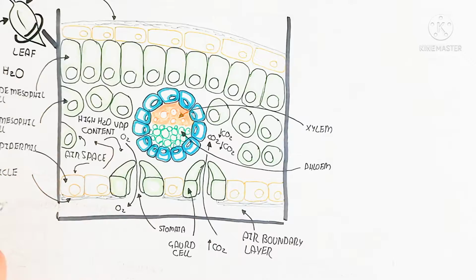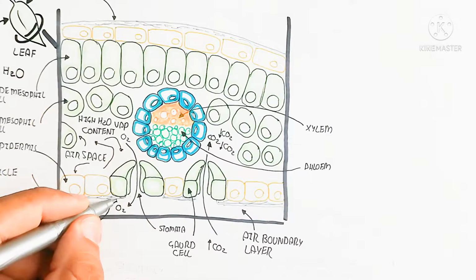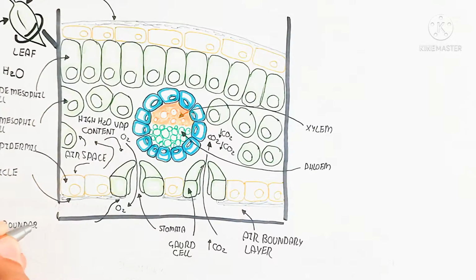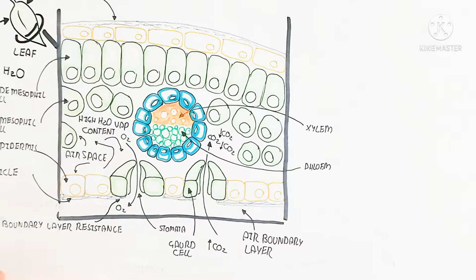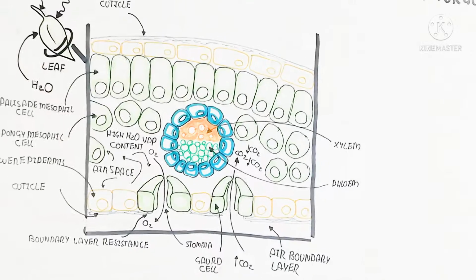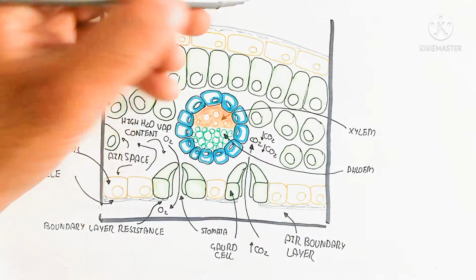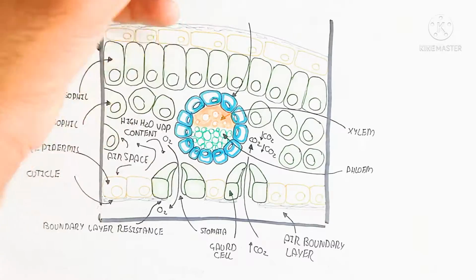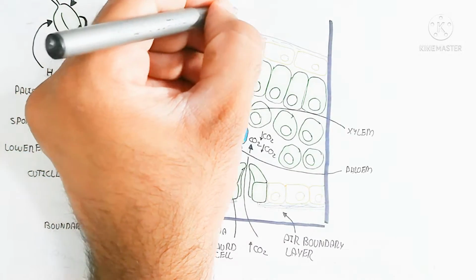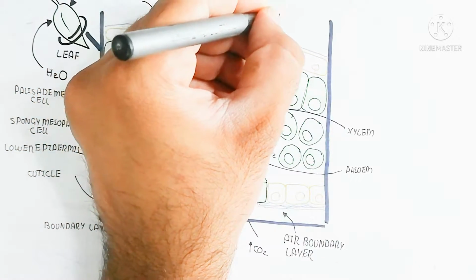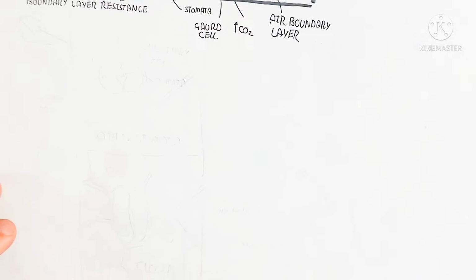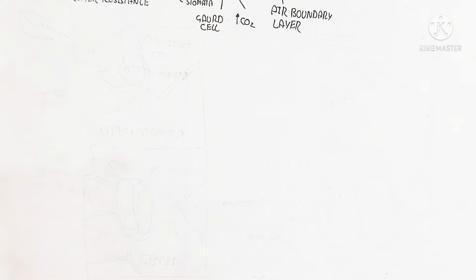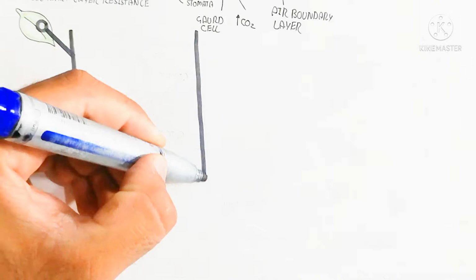Stomata is the inner pore; after the turgidity of the guard cell increases, the stomata will lead to gas exchange. For example, oxygen will move out while carbon dioxide will move in. This is the boundary layer resistance. This is a bundle sheath cell. Bundle sheath cells are present in C4 plants also, and they are very important for photosynthesis.